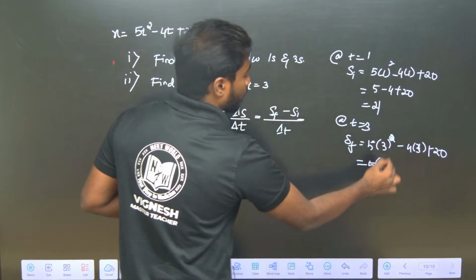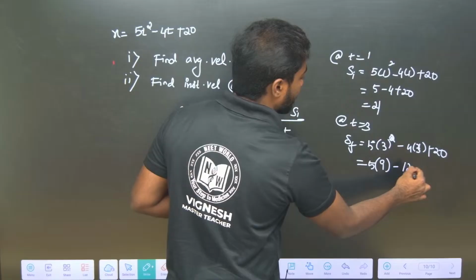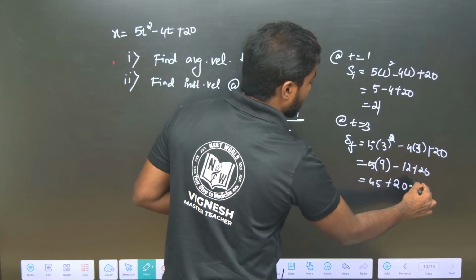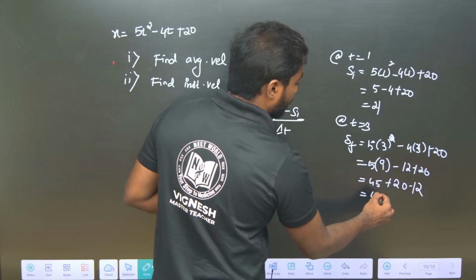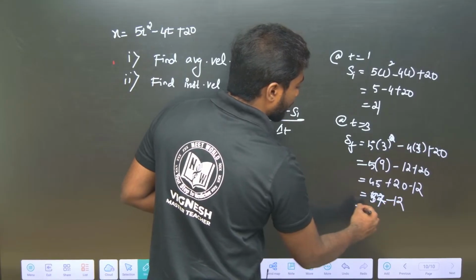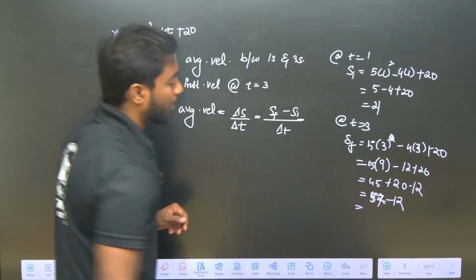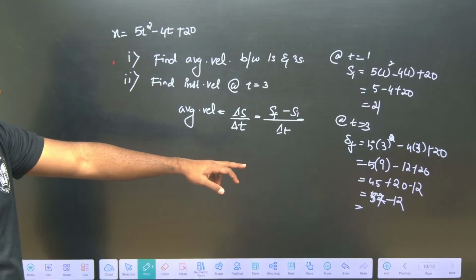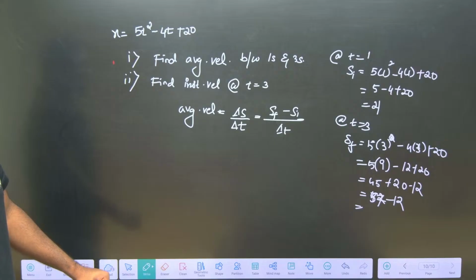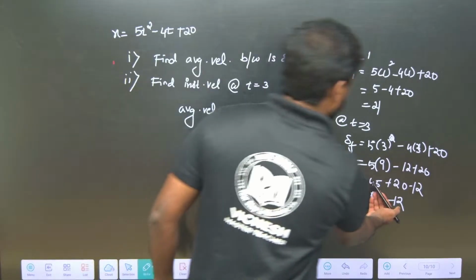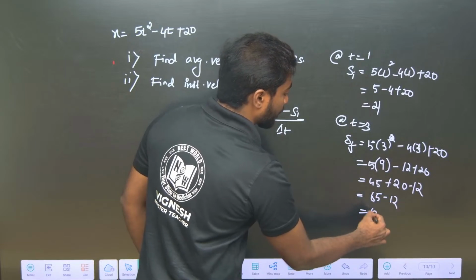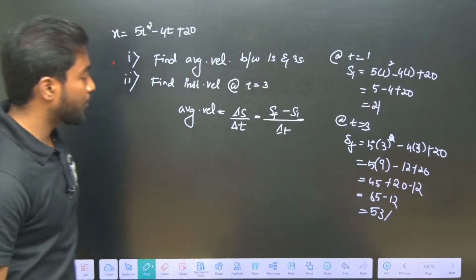So, 5 into 3 square is 45, minus 12 plus 20. 45 plus 20 is 65, minus 12, so it will come 53, right? 53.